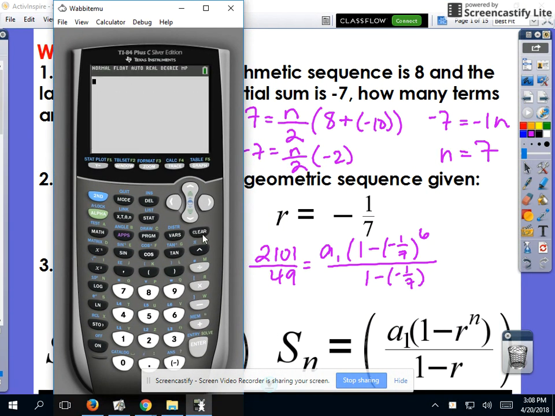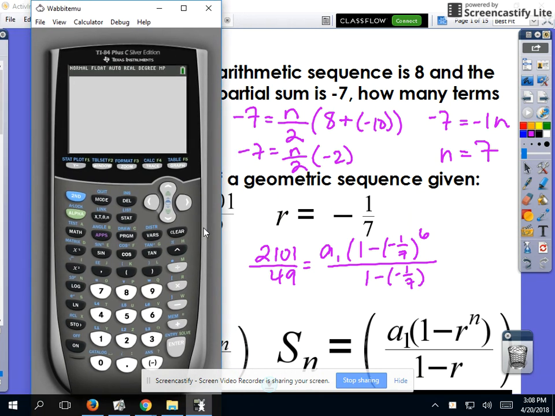So I'm going to clear this. I'm going to go to 2101 divided by 49. Press enter there. Times, let's multiply by 1 plus 1/7.